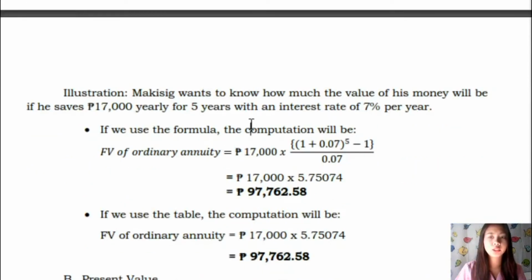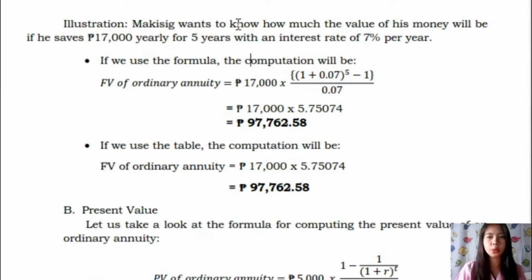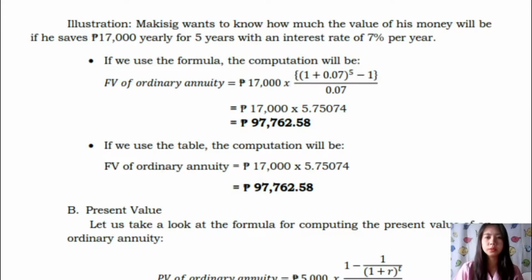So for illustration, Makisig wants to know how much the value of his money will be if he saves 17,000 pesos yearly for 5 years with an interest rate of 7% per year. Okay, so if we use the formula, the computation will be future value of annuity is equal to 17,000 multiplied by 1 plus 0.07 or the 7% per year raised to 5 for the 5 years less 1 over 0.07.